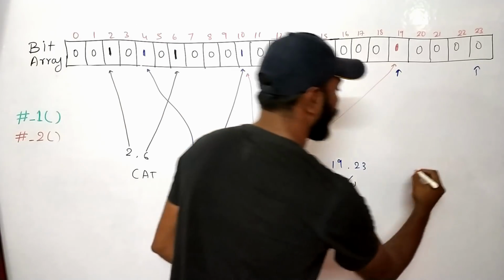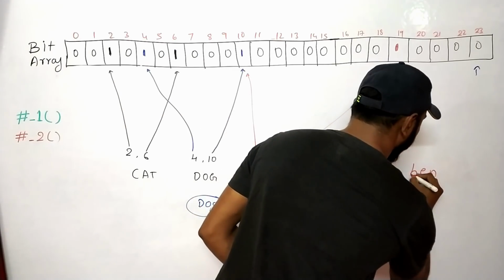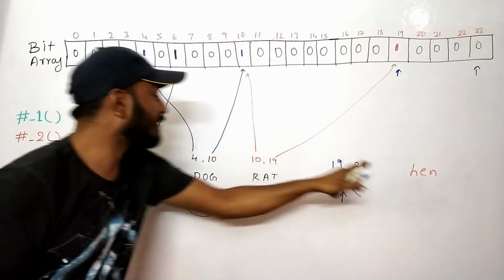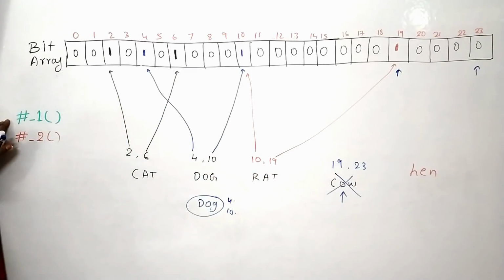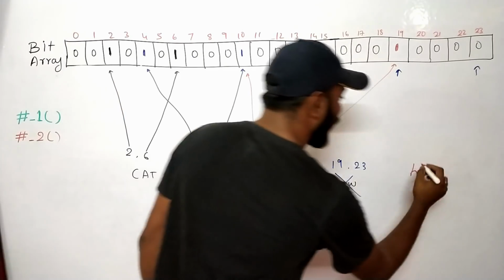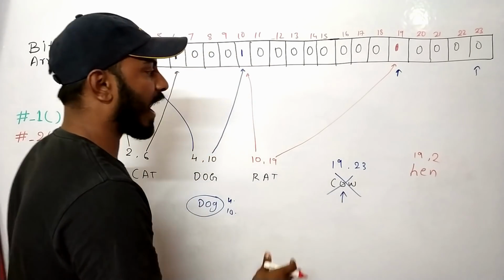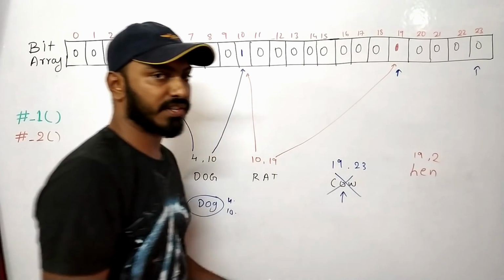Let's take one more example. Say we want to check whether this particular input is present or not, that is hen. So now you need to pass this input to hash function 1 and hash function 2. What do we get? Say we got 19 and 2. This is the output of hash function 1 and this is the output of hash function 2.